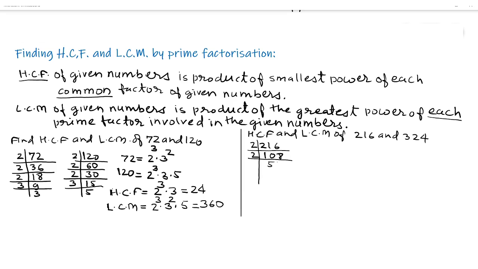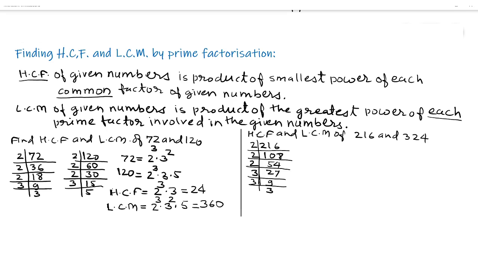This gives us 54. This is further divisible by 2. So we divide it by 2 and we get 27. Now it is not divisible by 2. It is divisible by 3. So we divide it by 3 and we get 27 divided by 3 gives us 9. And again it is divisible by 3. So we divide it by 3.